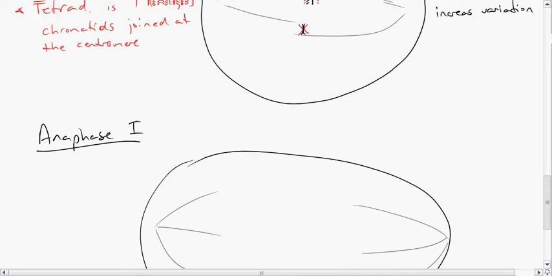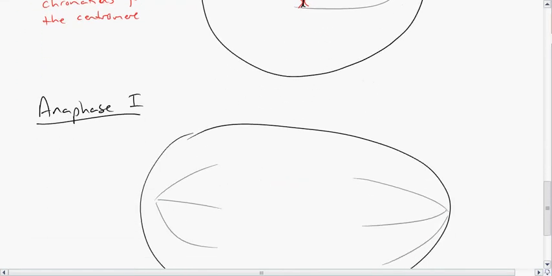And this is where the second really interesting thing happens. They're all going to be pulled apart. So our first chromosome, I'm going to draw getting pulled apart, and 2 tetrads are going to be pulled to each pole. And it's completely random how these 2 tetrads get pulled.